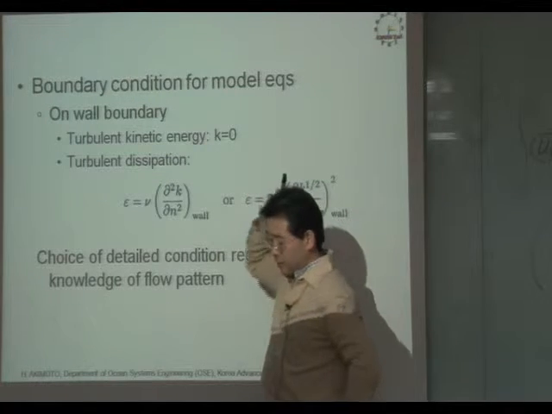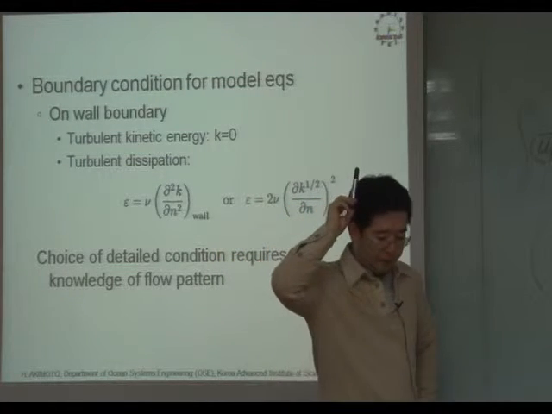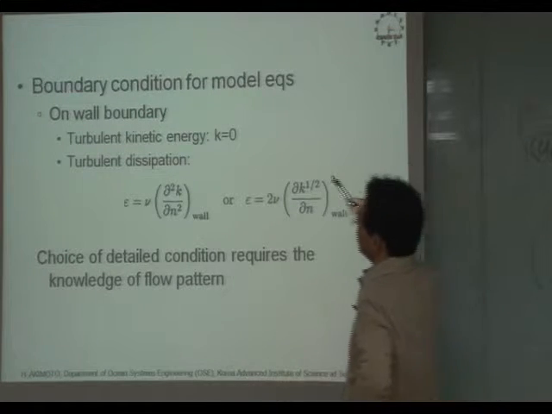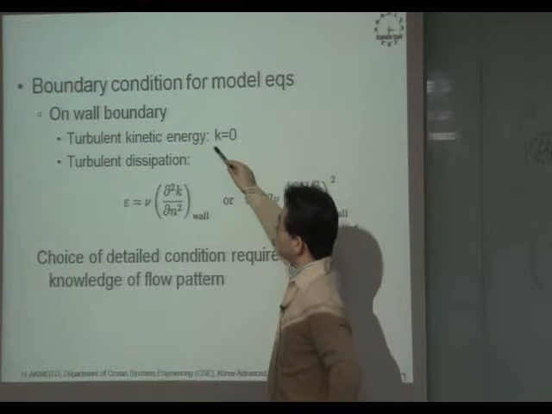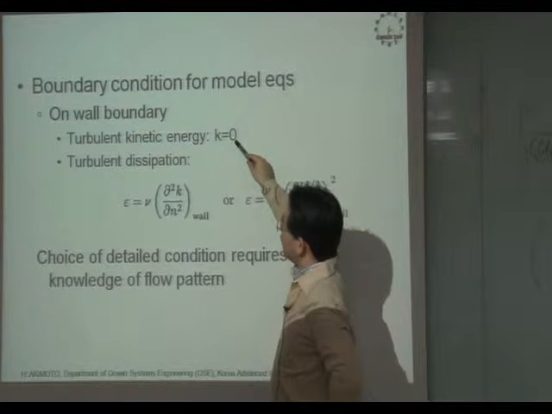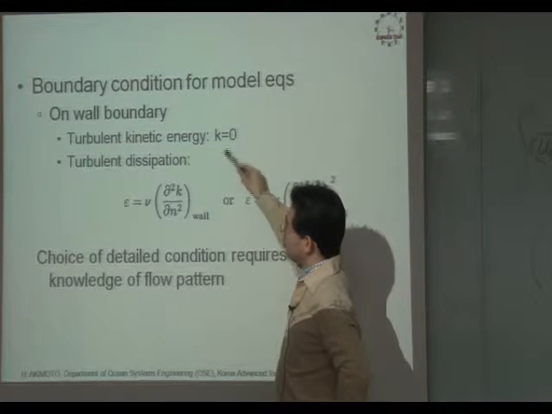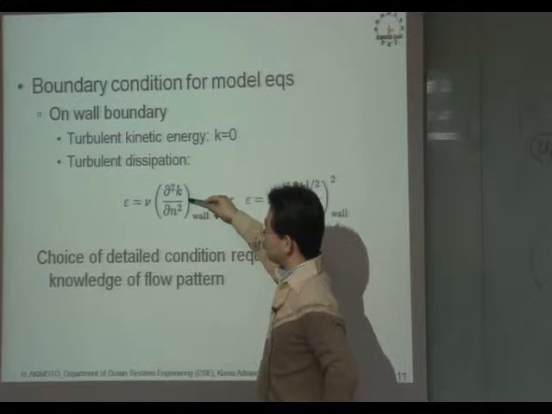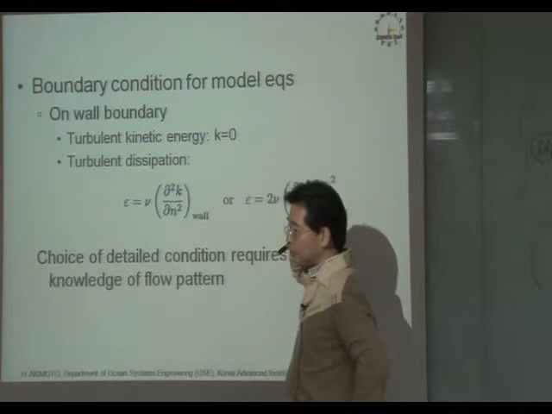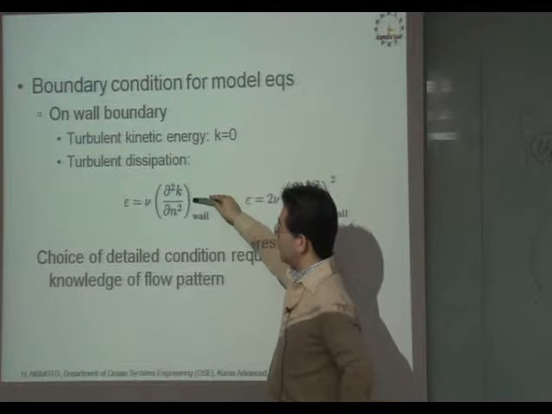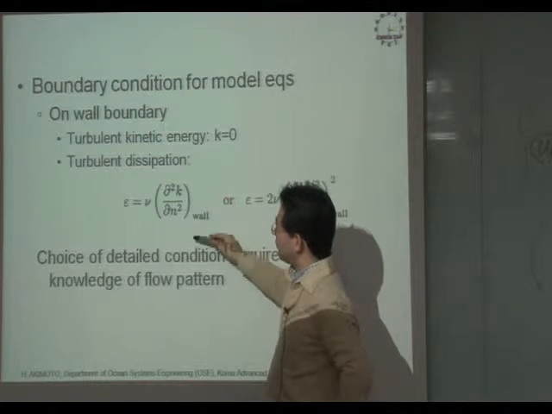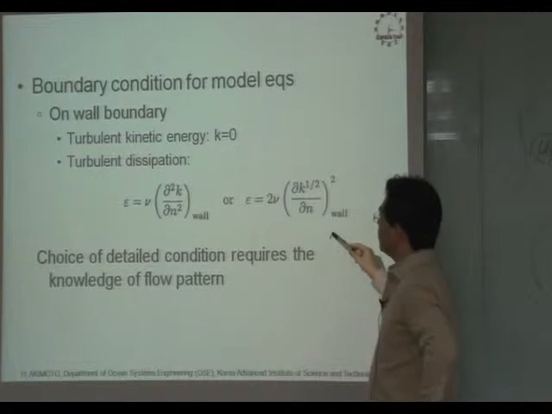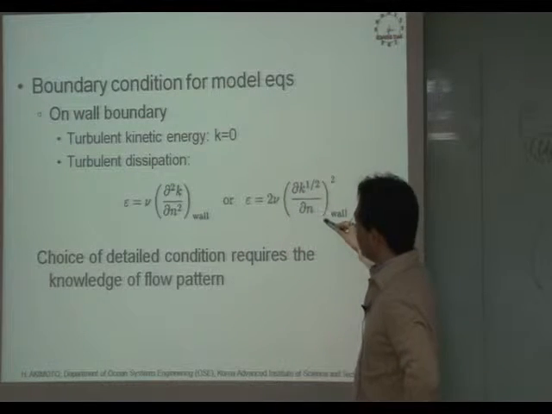As in the consideration of the damping function in large eddy simulations, turbulent kinetic energy on the wall is equal to 0. However, turbulent dissipation is not 0 on the boundary. So there are possible boundary conditions of epsilon.